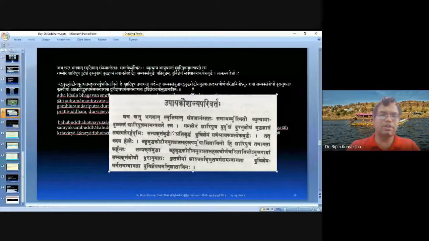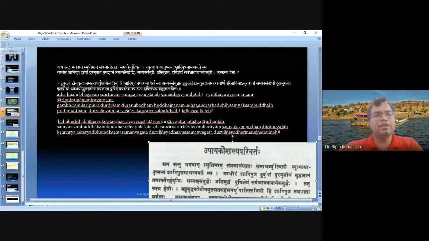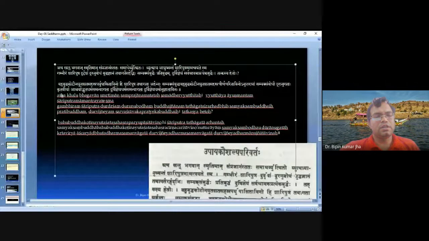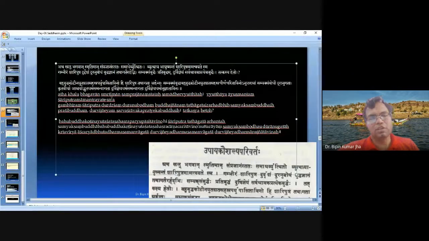Okay. Just see. Here you are finding the sentence Atha khalu Bhagavan Smritiman Samprajanam Tatah Samadher Vyuchitah. This is the first line.